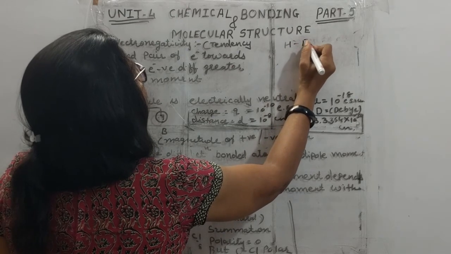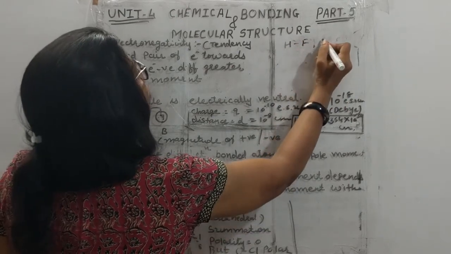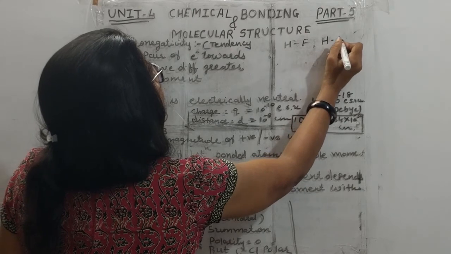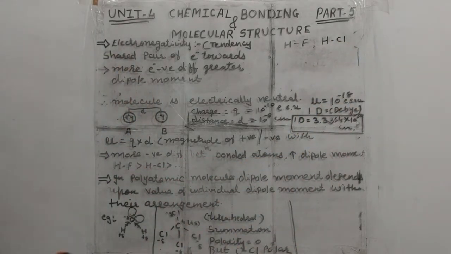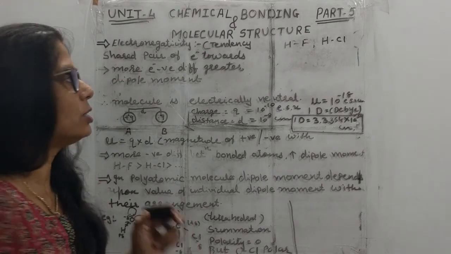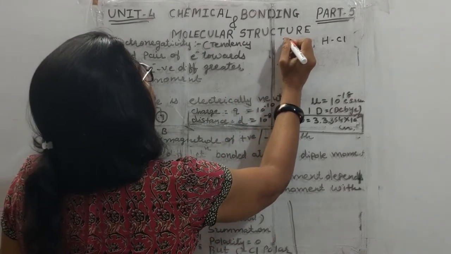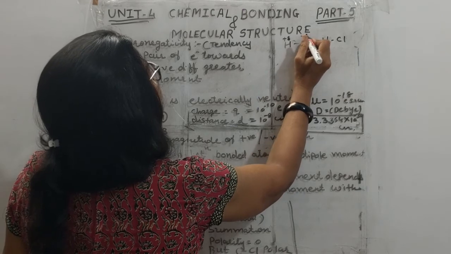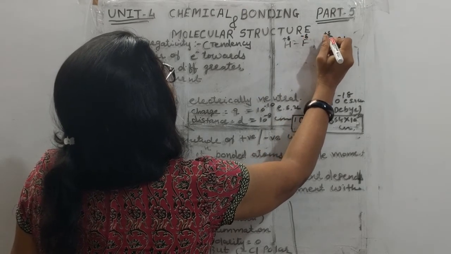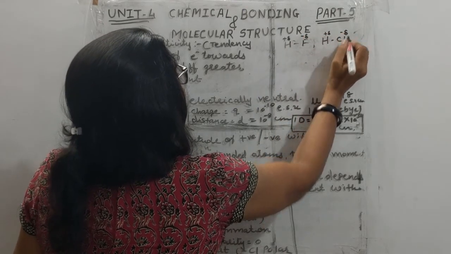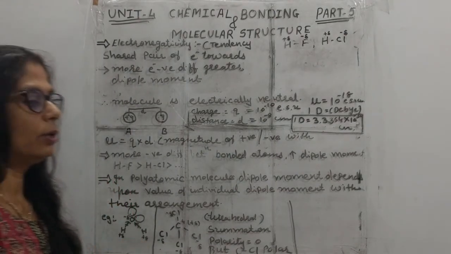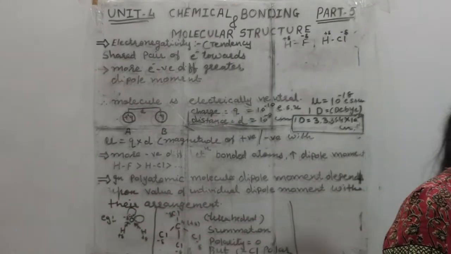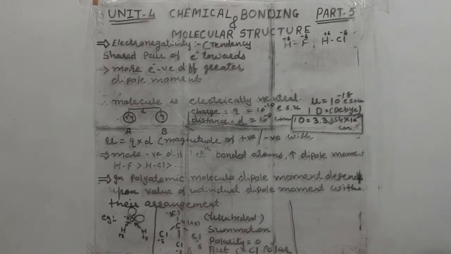as we have taken the example previously also, HF, then HCl. In HCl also, both will cancel each other's charge. Here it is partially positive, partially negative, and the same way it is partially positive, partially negative. So they cancel each other's charge, and the value of mu is equal to 0 for these two.